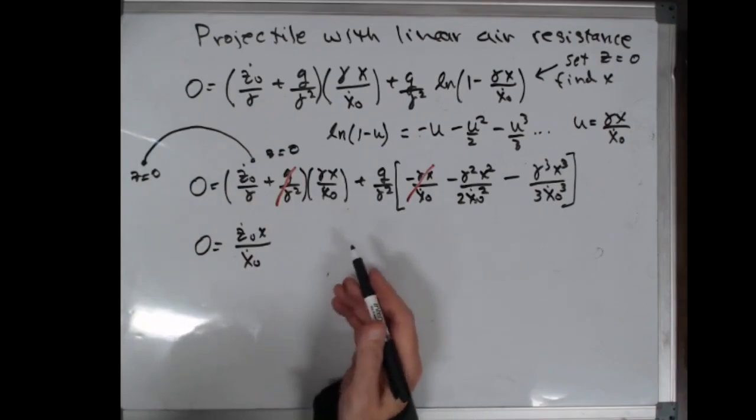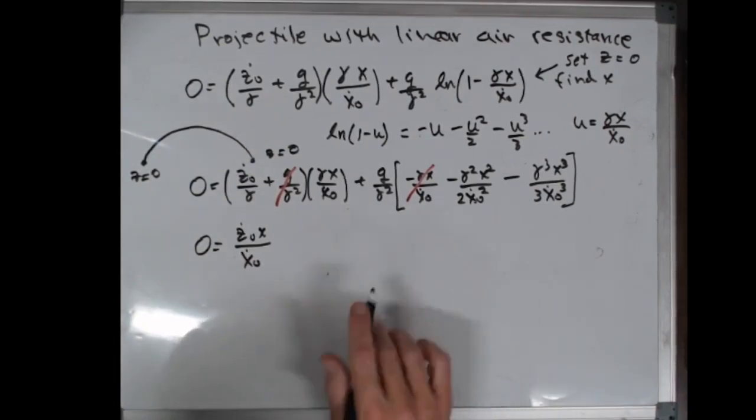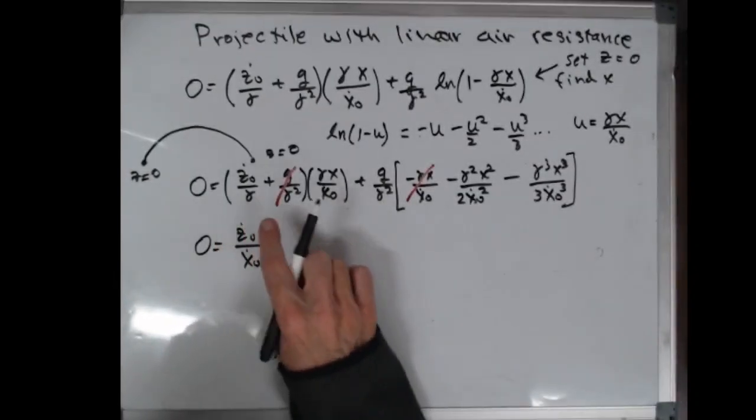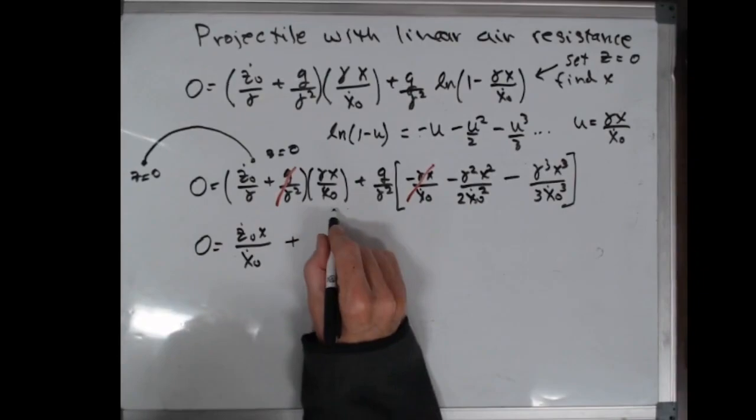So we're looking for the range in this problem, and we did it for no air resistance by keeping 2 terms. Now we're keeping 3 terms. And so now I've multiplied this guy by this guy, canceled the gammas, and that takes care of this term.